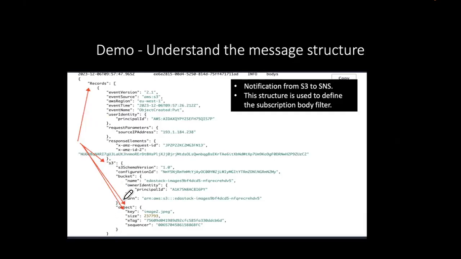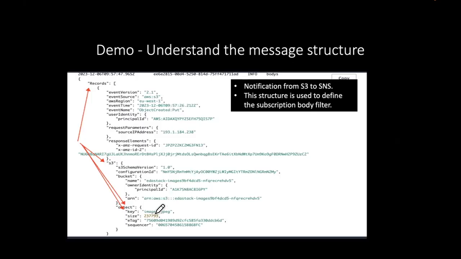One of the keys within it is a property called object. The value for that is another object, and within that there is a key called key, and the value assigned to that is the name of the file. So it's this property here of my message body that I want to express my filtering criteria on.